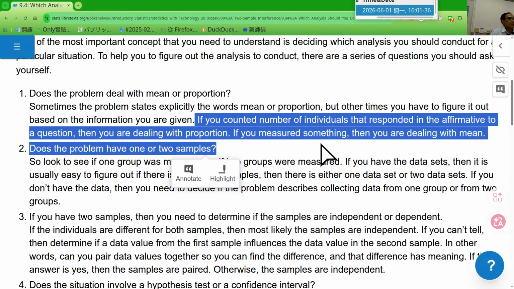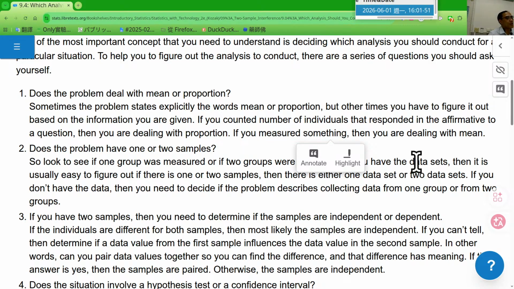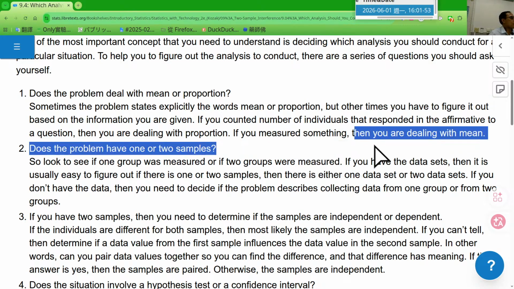If you measure something, for example, body height, cholesterol level in blood, or how much water you drink, as in Jerry's research, he did a survey about drinking water, then you are dealing with the mean.